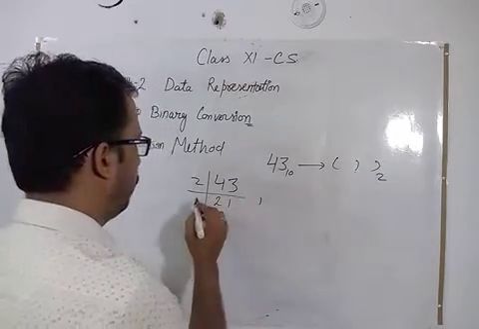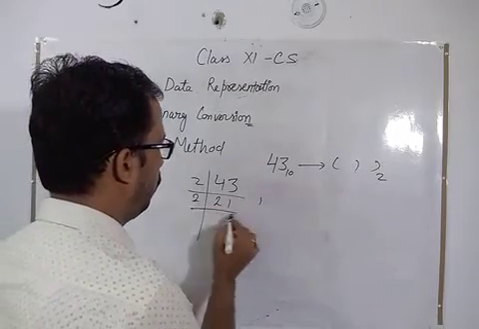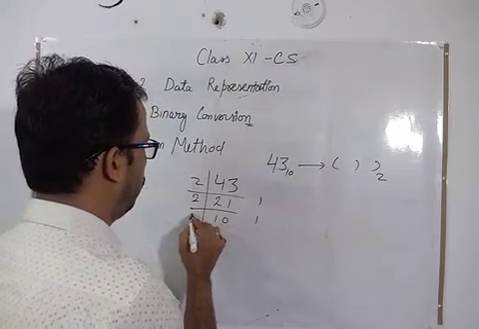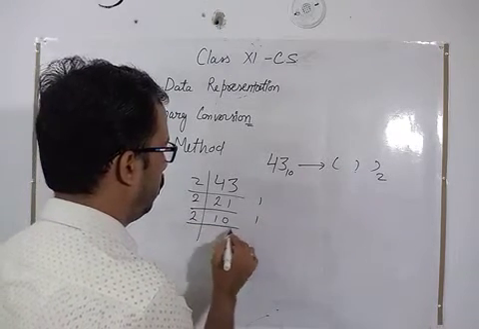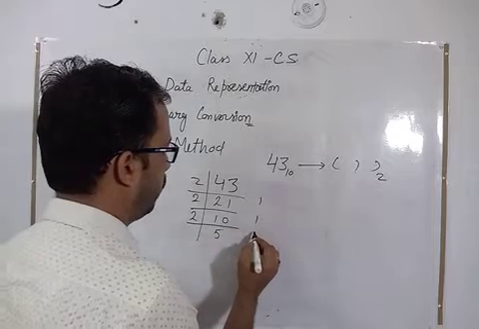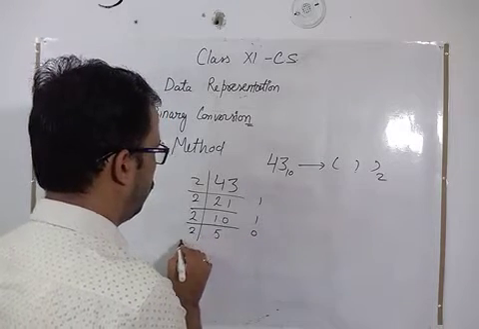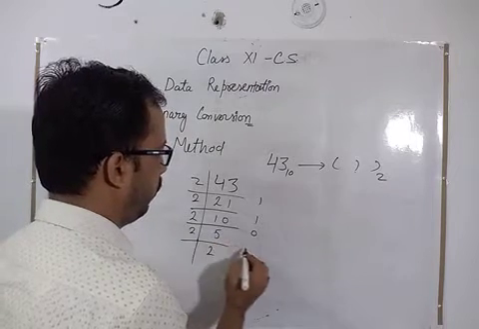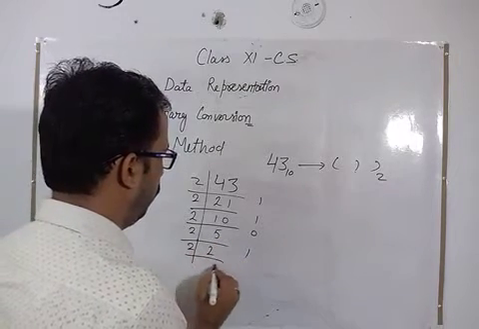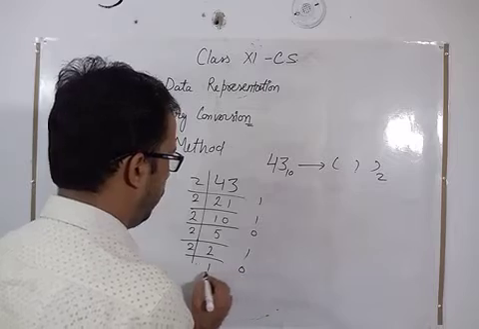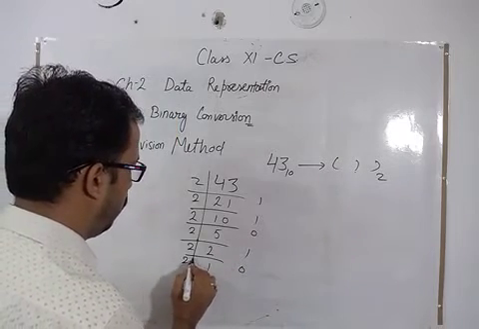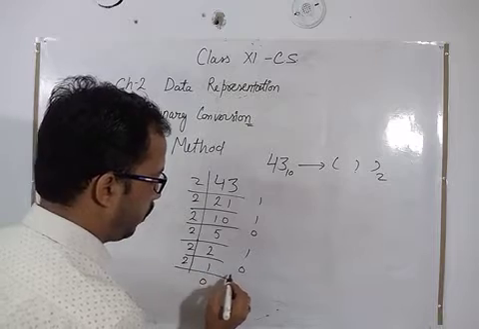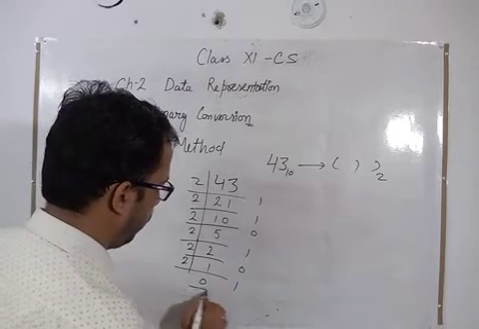Remainder 1. Then 2 into 10, 1 remainder. Then 2 into 5, 10, then 0 remainder. 2 times 2 is 4, 1 remainder. 2 times 1 is 2, 0 remainder. And 2 times 0 is 0, 1 minus 0 is 1. So here it is 0.